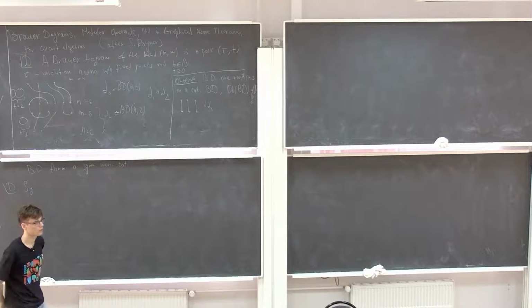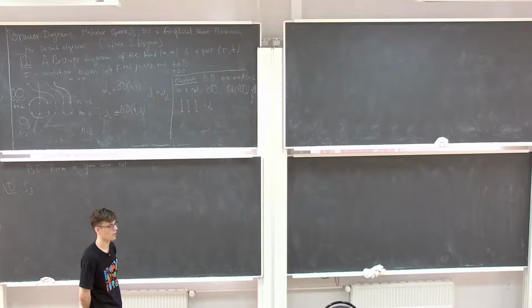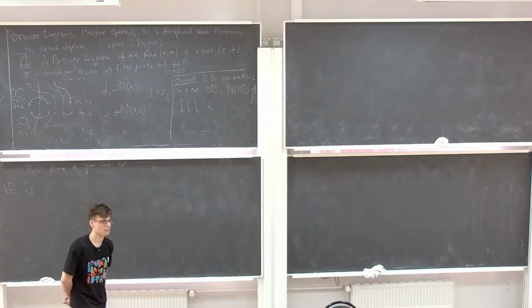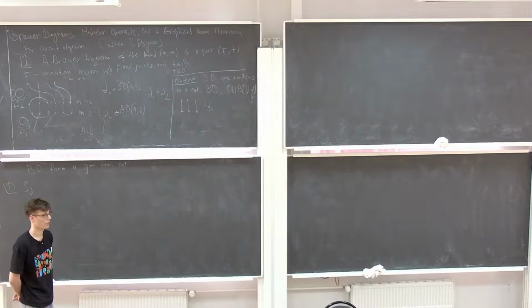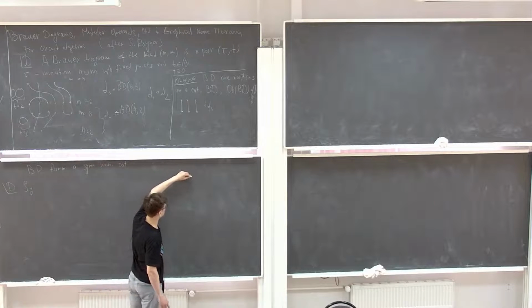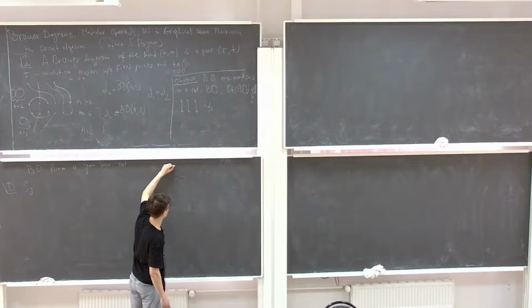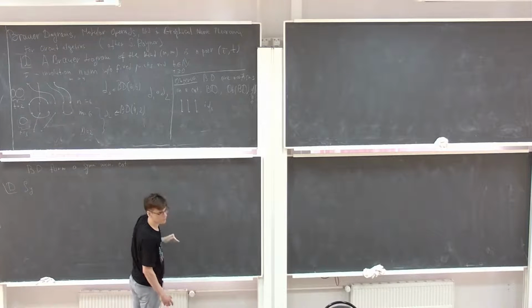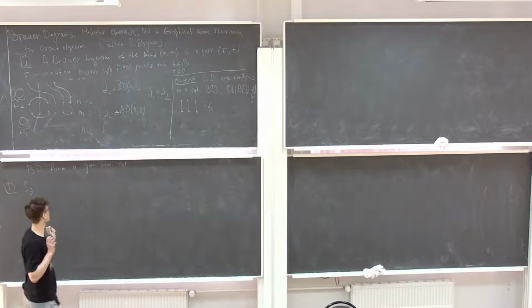Two objects, 2 and 3. What is the morphism? Empty set, no morphisms. Okay, 2 and 4. Well, there are many. All the Brauer diagrams are morphisms.